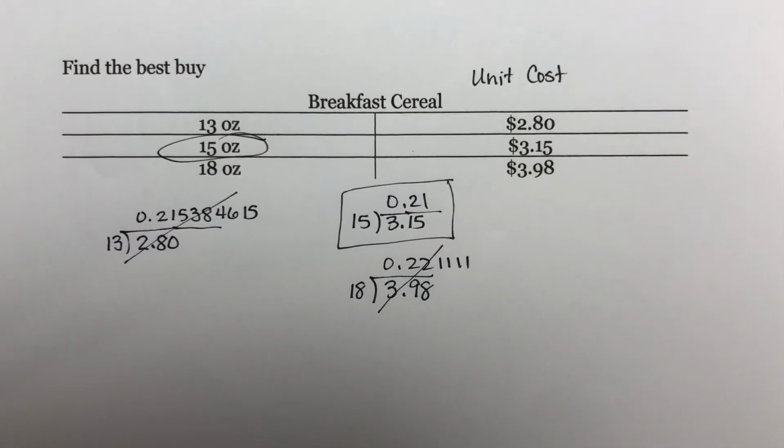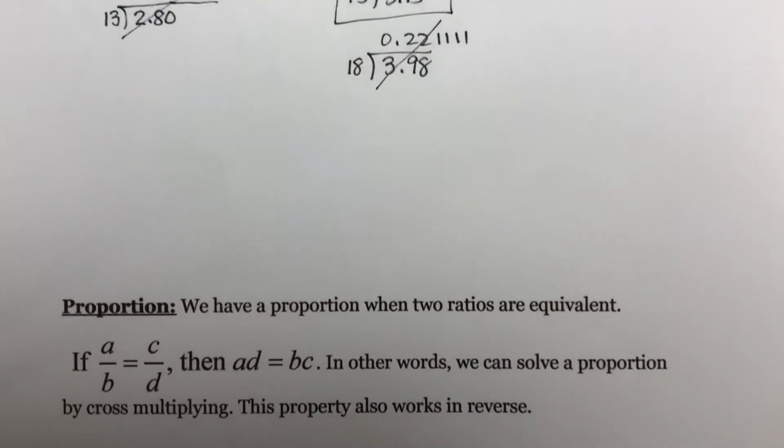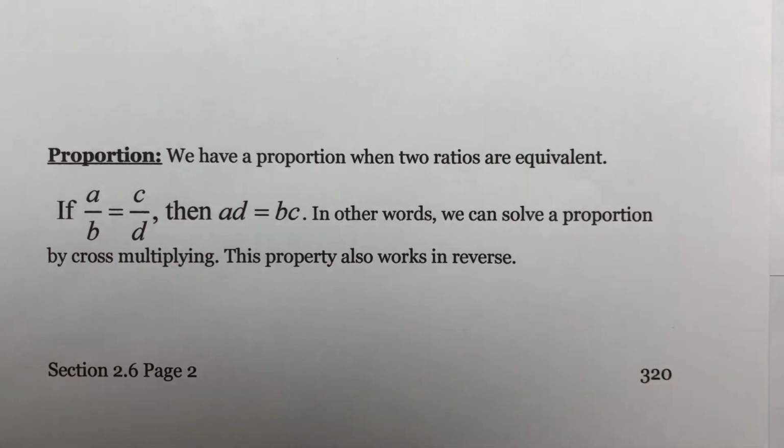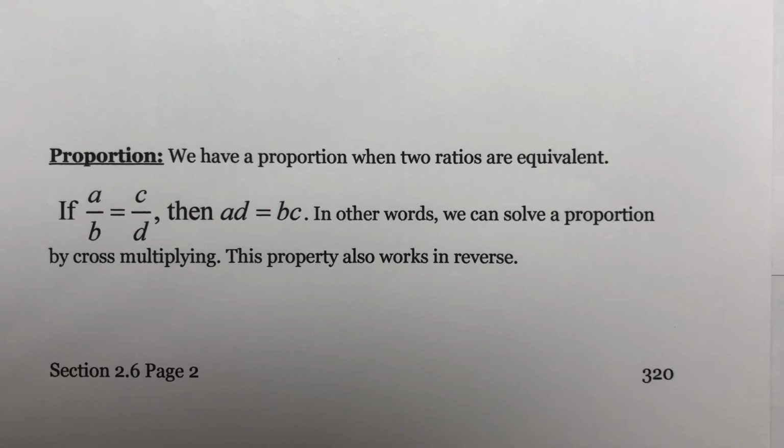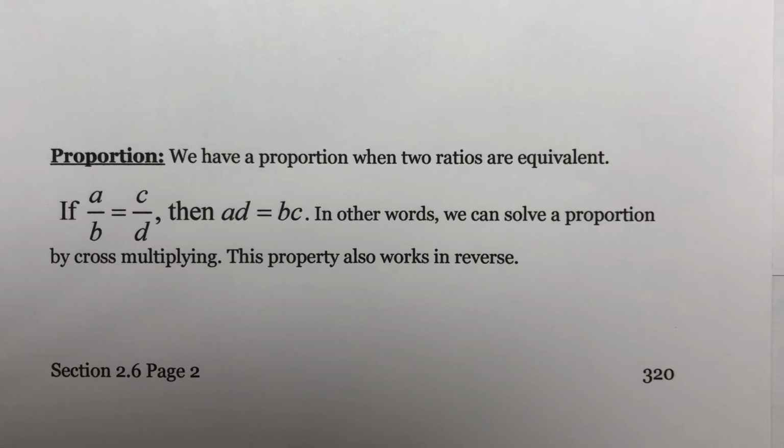Okay, so let's talk about an application of ratios. We'll talk about proportions. We have a proportion when 2 ratios are equivalent. When we're given a certain ratio, we can calculate different parts of it.